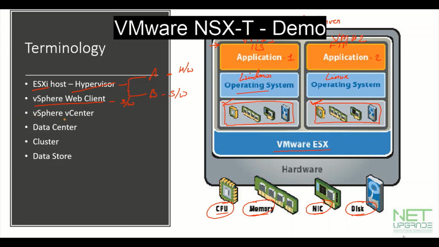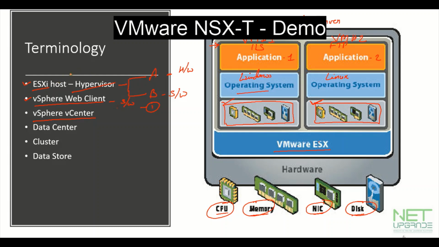The third major component, major product of VMware is called vSphere vCenter. Whenever we access our ESXi host via the vSphere web client, over there we can only enter one IP address of an ESXi host and then get access.